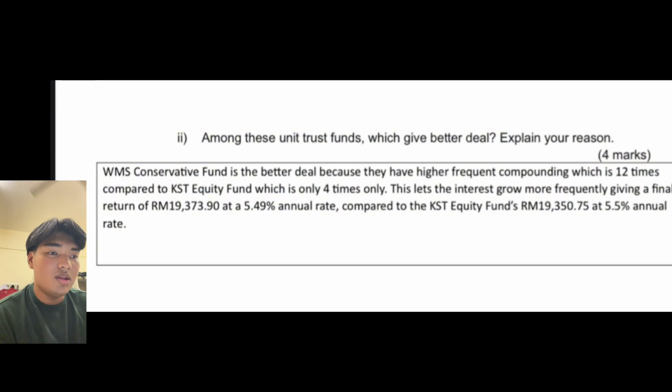This lets the interest grow more frequently, giving a final return of 19,370.90 at a 5.49% annual rate, compared to the KST equity fund, which is much lower, 19,350.75 at 5.5% annual rate. So that is for number 2B.